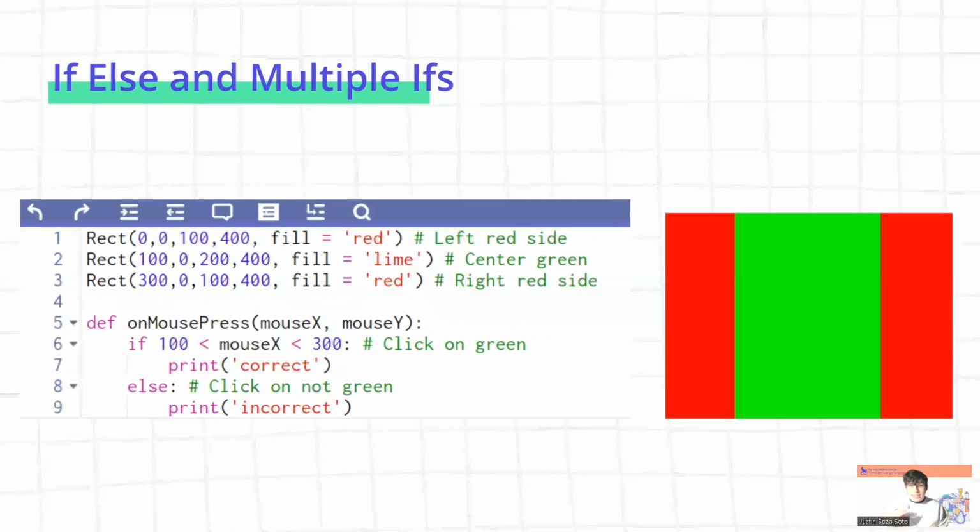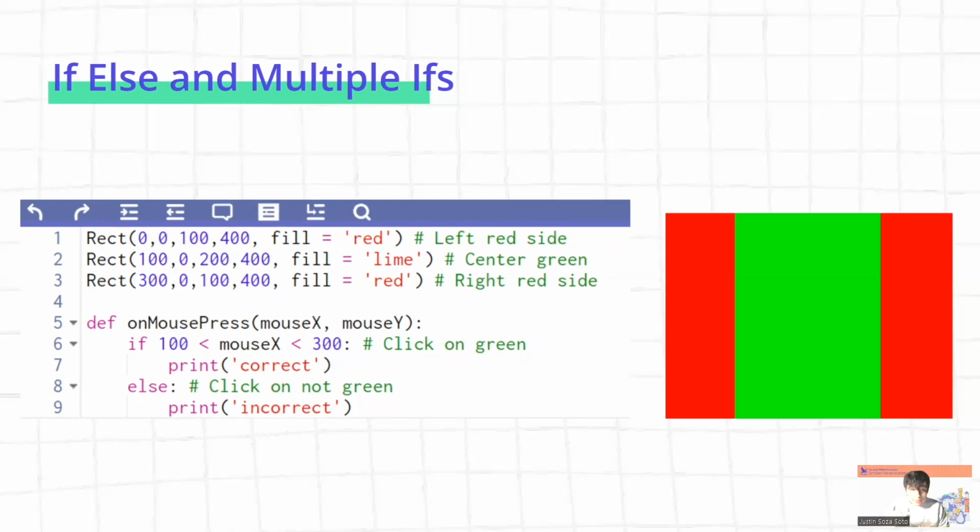Using an if-else case instead, we check if we click with an X of 100 to 300, and send "correct", in quotes, to the console, if so. Instead of thinking about this in terms of 3 separate zones, we can simplify it as being the green zone, correct, and not green, incorrect.